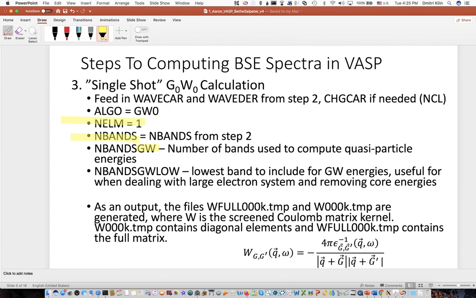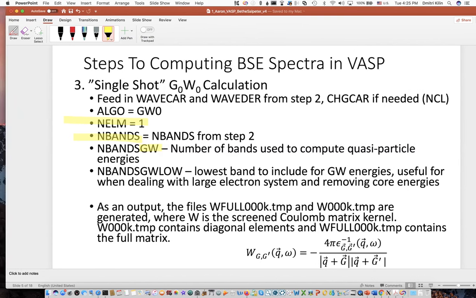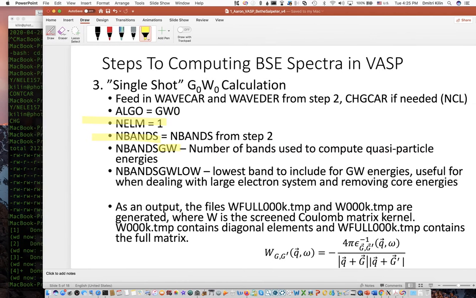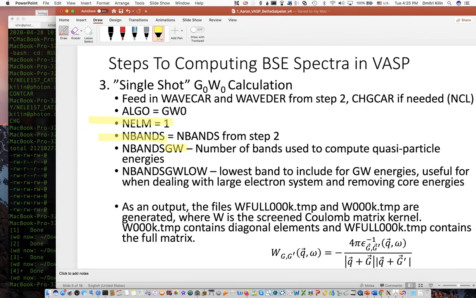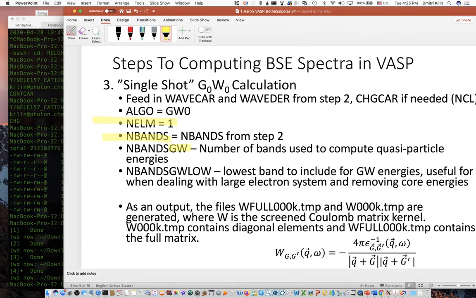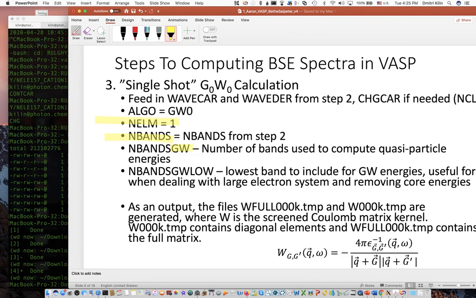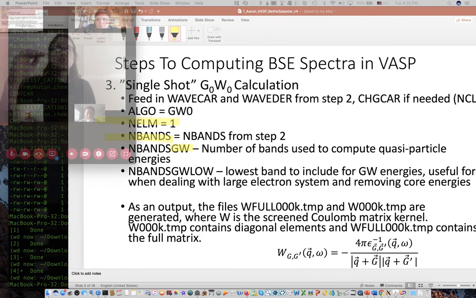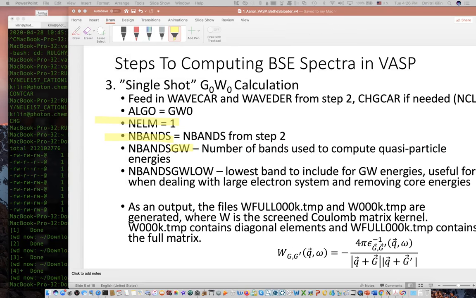But if you're dealing with a fairly large system, like if you had 2,000 electrons, you could tell it which lowest energy state to use using NBANDSGW low. So that's like the bottom of your conduction band.